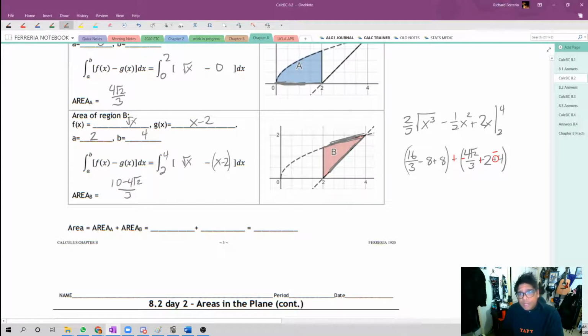Here's my work with the antiderivatives on the right side. And now you just have to add those two results together. So area of A is 4 root 2 over 3. Area of B is 10 minus 4 root 2 over 3. And it looks like our answer is just going to be 10 over 3.